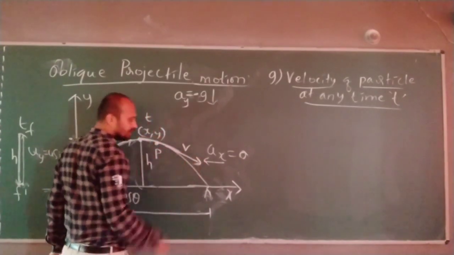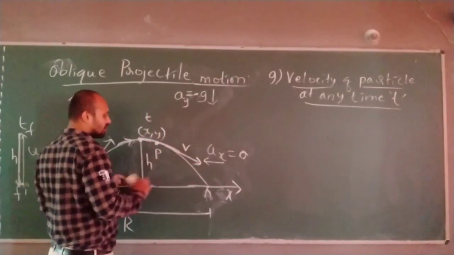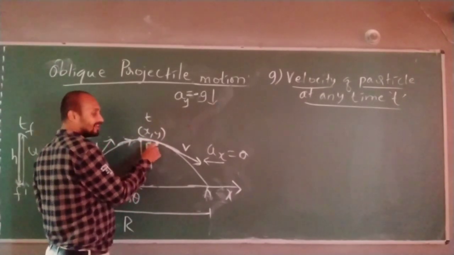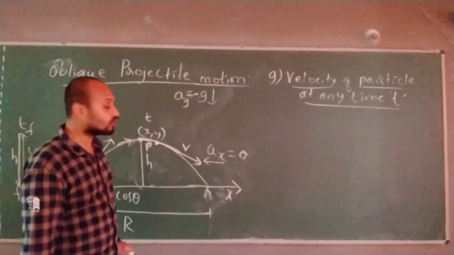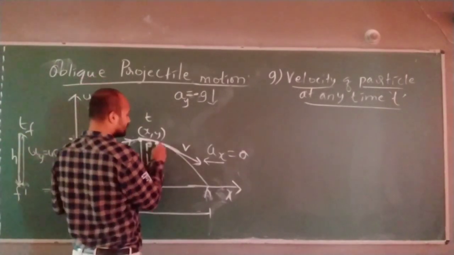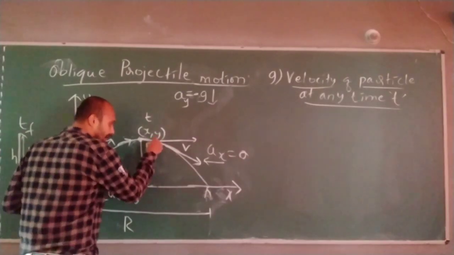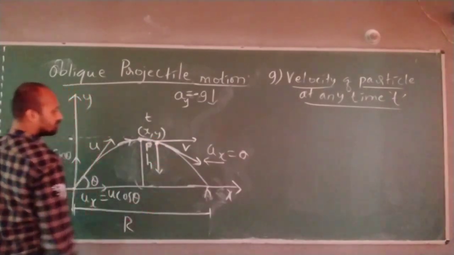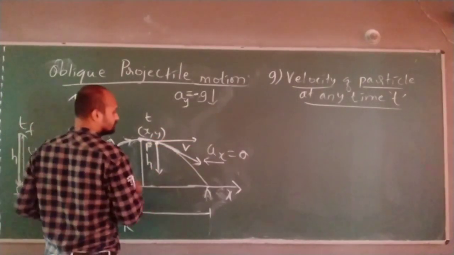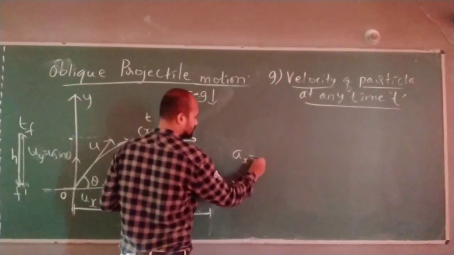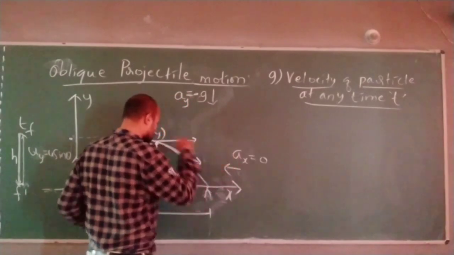This is the direction of velocity. If I resolve the velocity at point P into two components, one is parallel to the x-axis and one is perpendicular to the x-axis. If I take this angle, acceleration is 0.